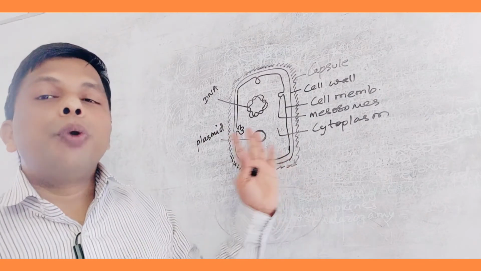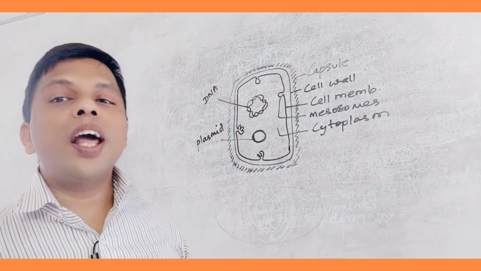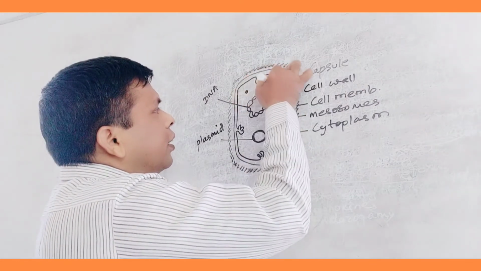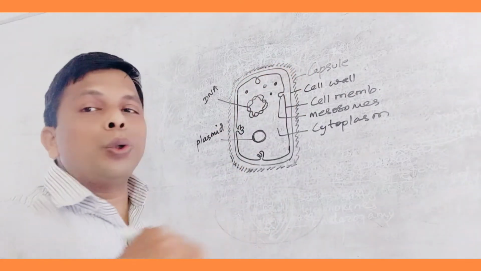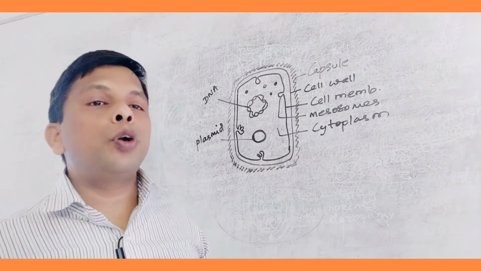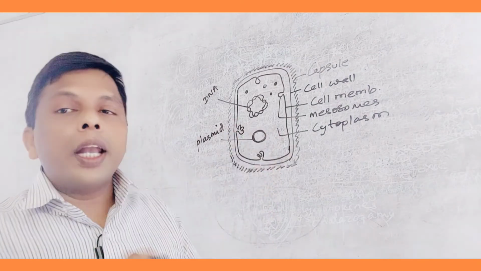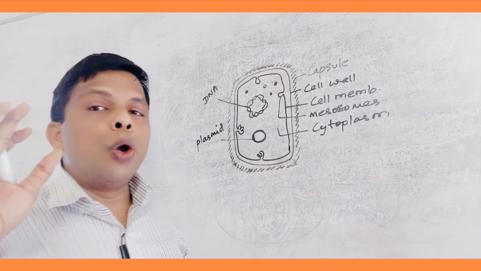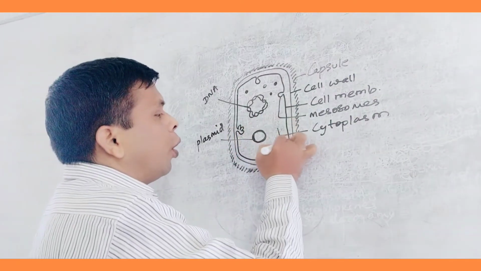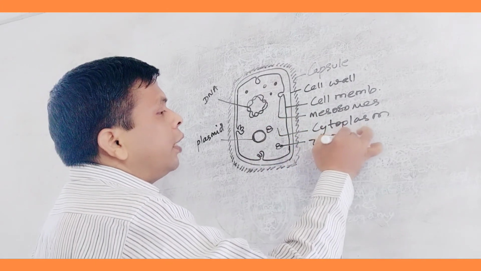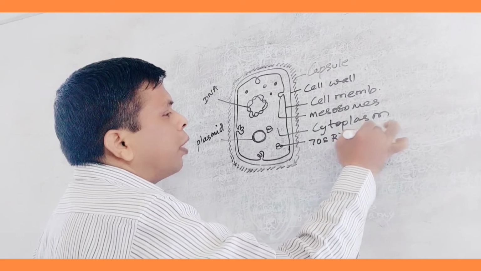There are some unique cellular inclusions found inside the prokaryotic cell. These are different cell inclusions. It may be storage food material or other substances. In the prokaryotic cell, there is no membrane bound organelle; only 70S ribosomes are found.